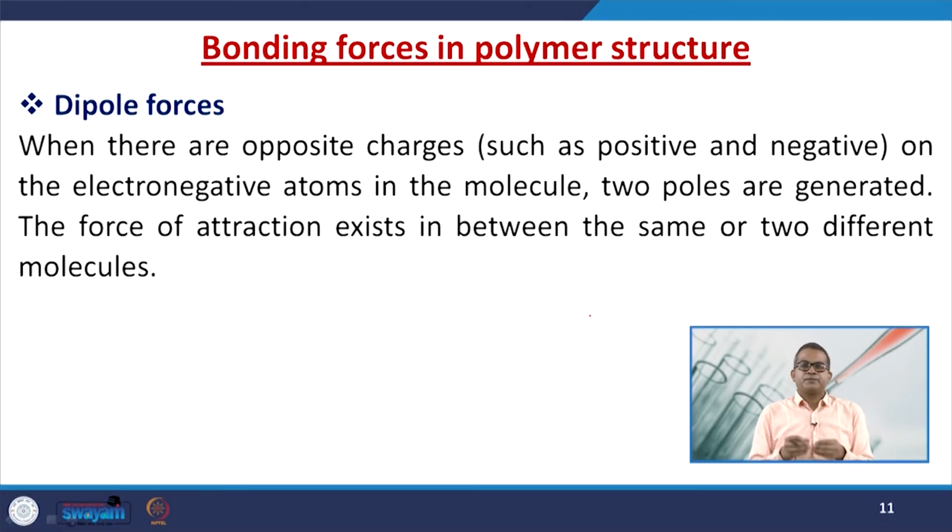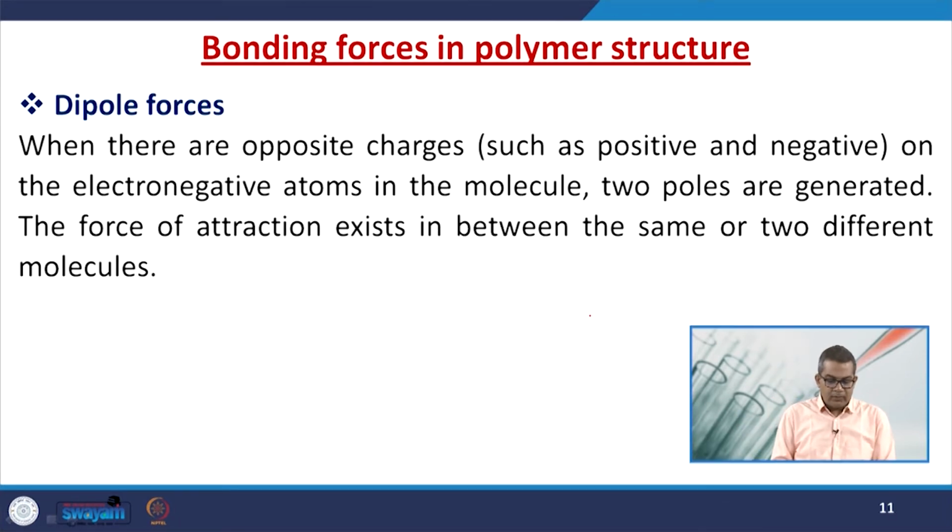So, a force of attraction exists between these molecules, which may be the same or two different molecules in character. So, the different forces are there. With the help of all these things, a strong dipole moment exists between these molecules.